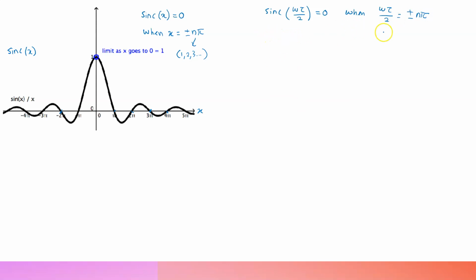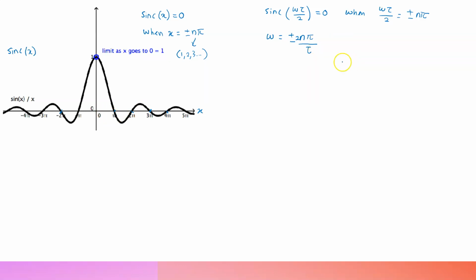So here we can say that ω equals plus minus 2nπ over τ.